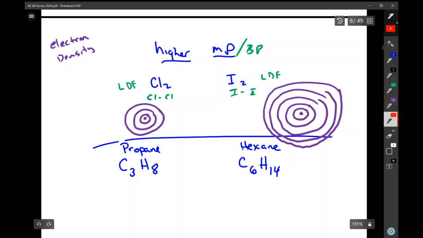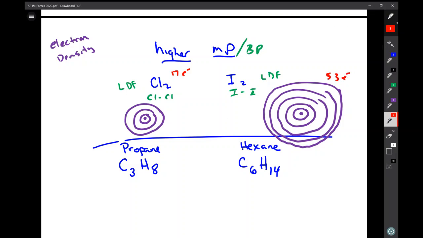Chlorine has 17 electrons. Iodine has 50 something. Let me look it up. 53. I knew that. Iodine has 53 electrons.